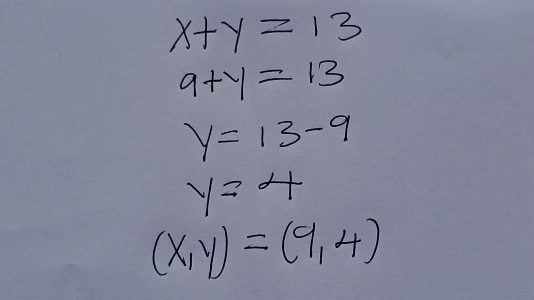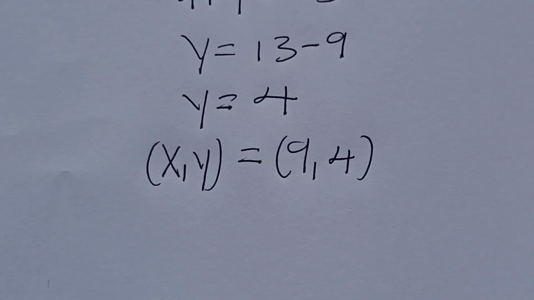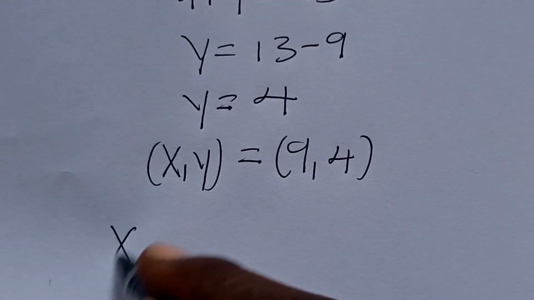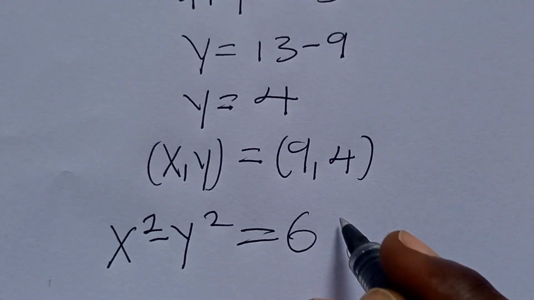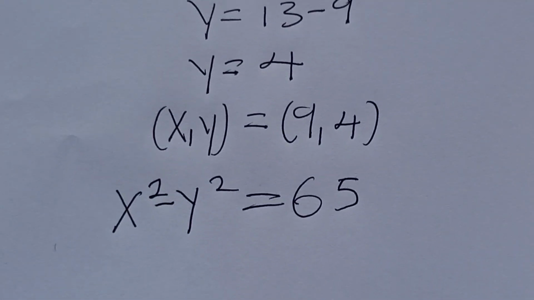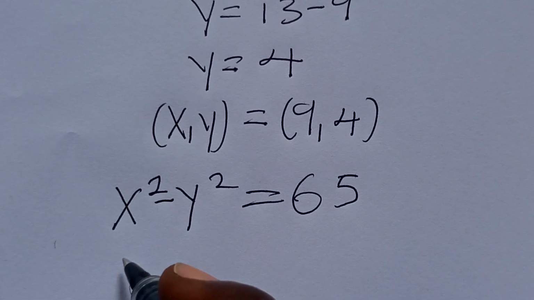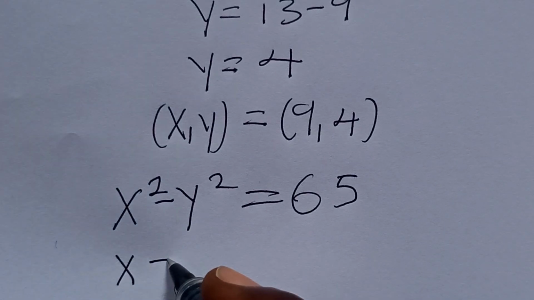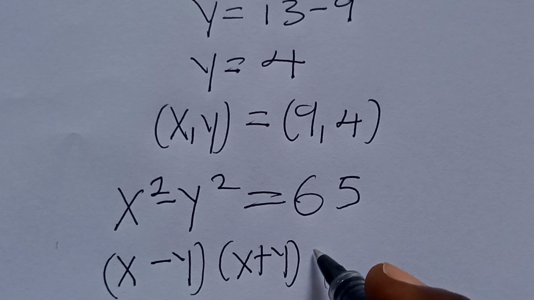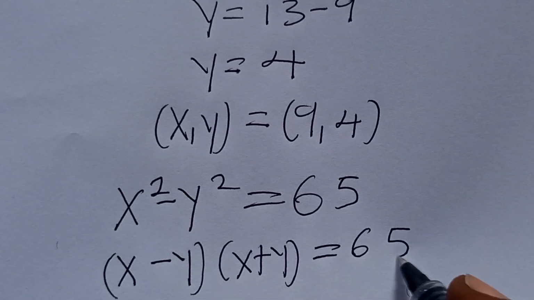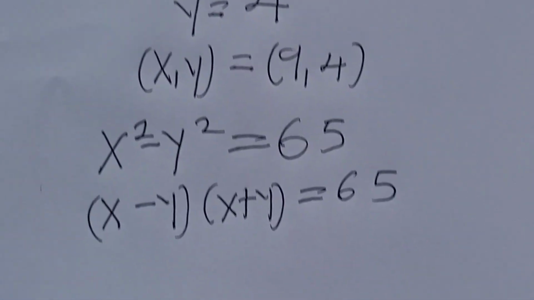So now let's check if this is correct. Remember our equation, we have x squared minus y squared equals 65. But to make it easier for us to check, let's write it as x minus y times x plus y equals 65.